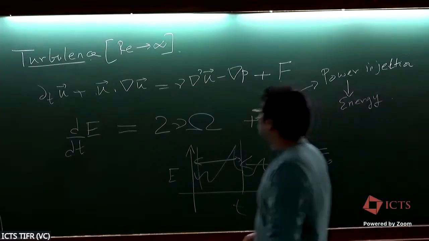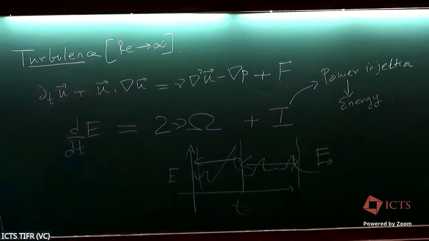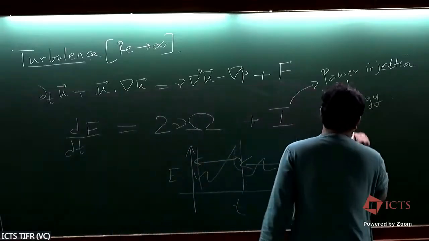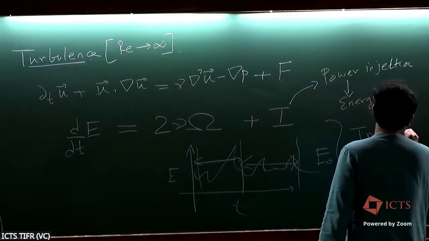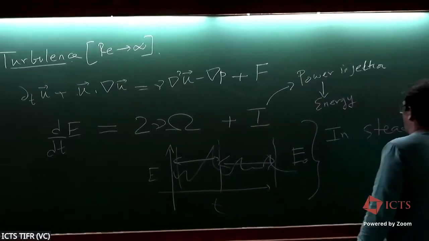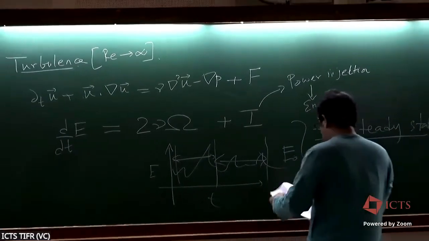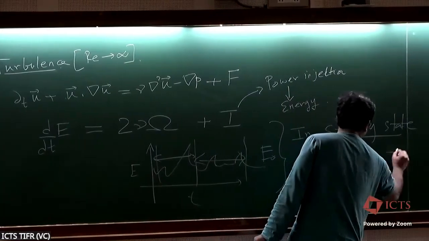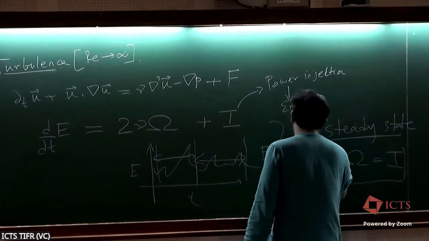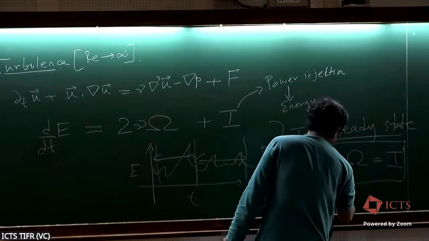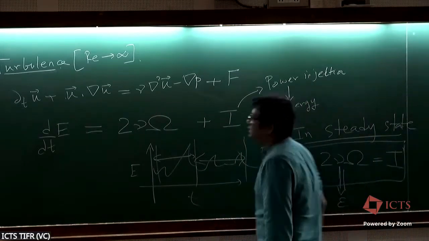But then in an average sense, if I were to take time window averages, you will see that in steady state, on average, you will have 2 nu omega equal to the stuff that you're injecting. And this is something that we had labeled as epsilon in the previous class.